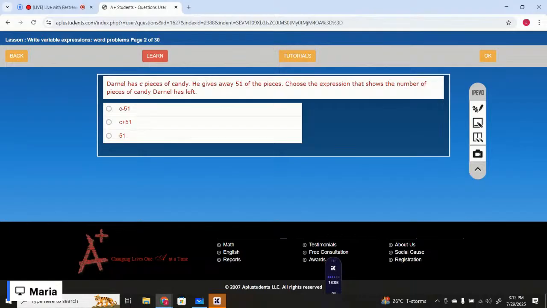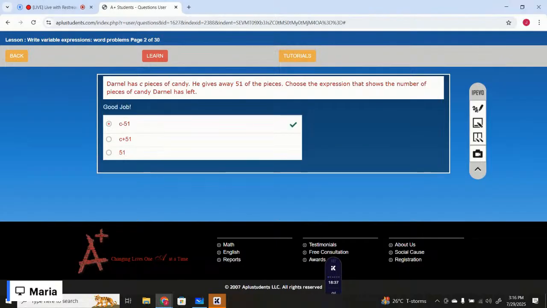Choose the expression that shows the number of pieces of candy Darnell has left. So what he has left would be C minus 51 because he gives away 51 of the pieces, right?